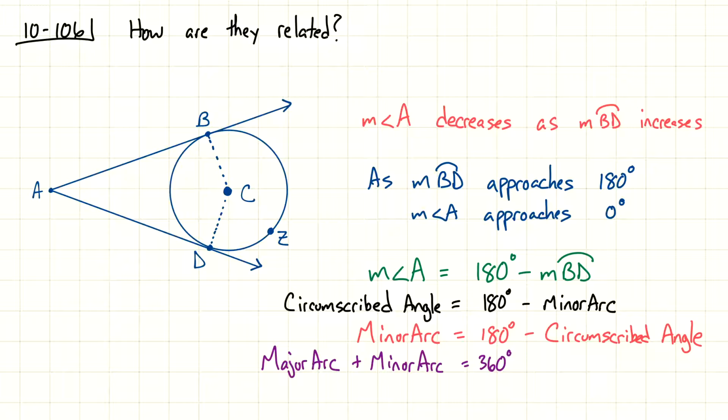All right, so as this arc approaches 180 degrees, this is not 180 degrees. 180 would be half of a circle. What would the measurement of angle A have to be for us to be able to see half of the planet? That would mean this tangent line would have to go straight across, and this line would have to go straight across.